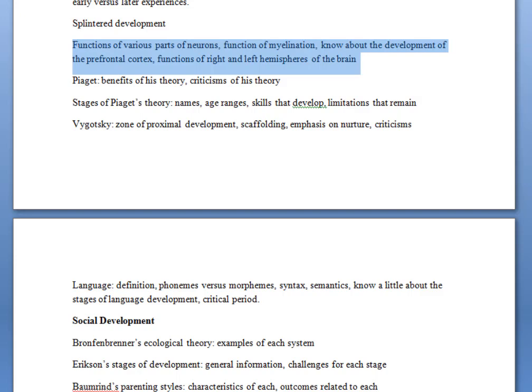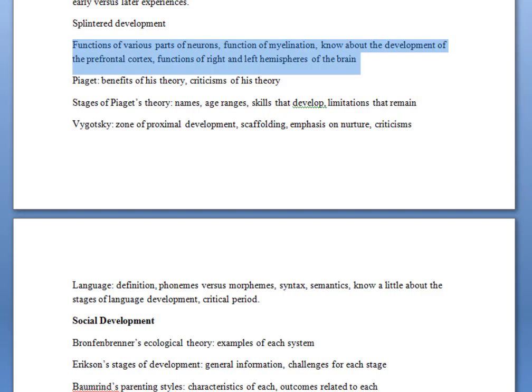Message comes in the dendrite, goes down the axon to the terminal junctions or the terminal buttons at the end of the neuron. And then because the neurons are not actually physically touching each other, the message is passed through chemicals, neurotransmitters, that are released from the end of the neuron, from those terminal junctions or terminal buttons. They cross the synapse, which is that little gap in between, and they bind to the receptors on the dendrites of the next neuron.